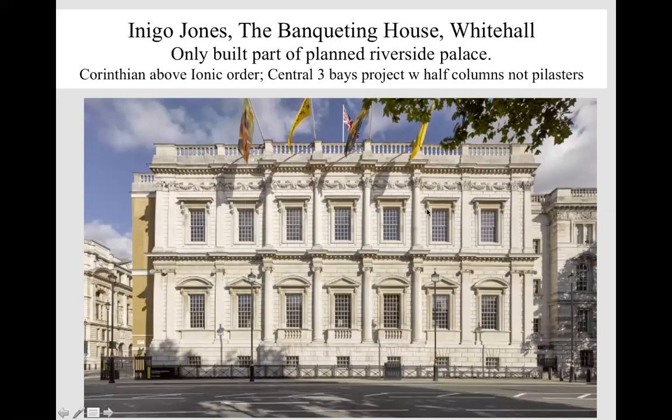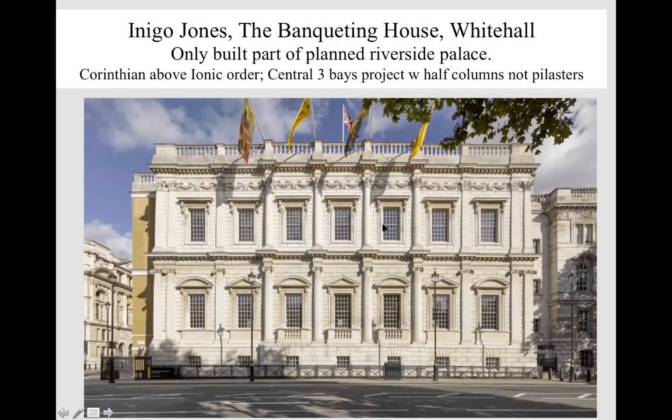It was again a totally revolutionary building at the heart of the royal presence in London. It was to be part of a huge palace, which was never built, and of course instead ministries of various kinds get built here instead. So this is a kind of fragment of a great unrealized project.